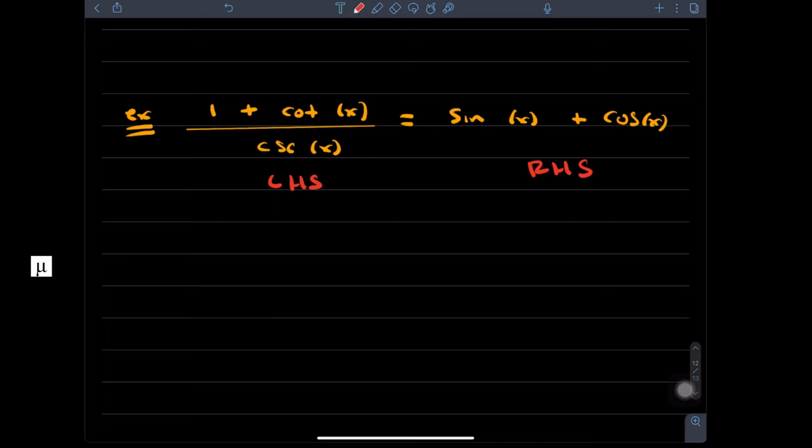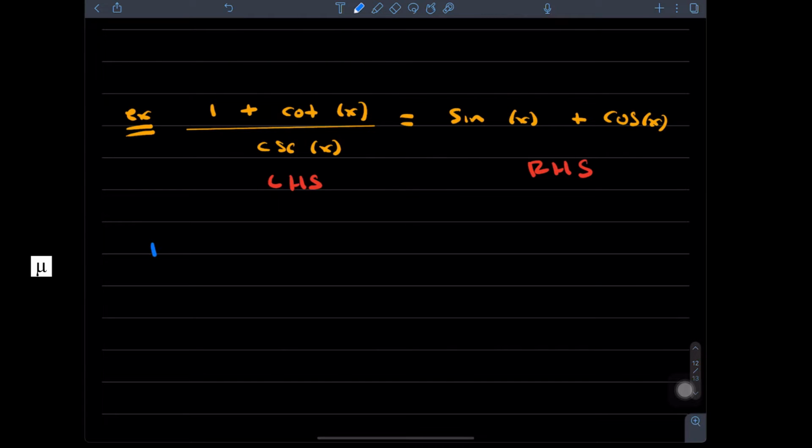Now you're going to make a judgment call. I still think the left side is more difficult. Why? Because you have a sum and you have a quotient on the left. On the right, you just have a sum. Is that right? Okay. So that's kind of my observation.